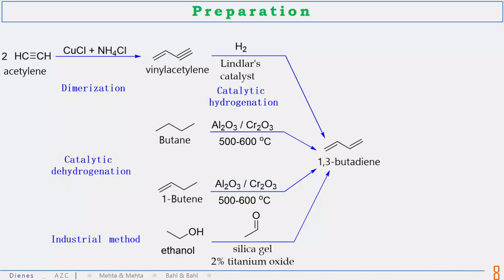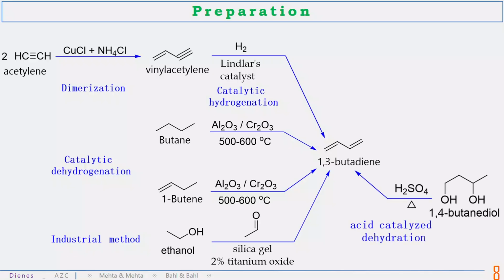Industrial method applies: catalytic transformation of ethanol into 1,3-butadiene. The dehydration of 1,4-butanediol can be carried out in the presence of concentrated sulfuric acid. Results in the elimination of a water molecule to produce 1,3-butadiene.